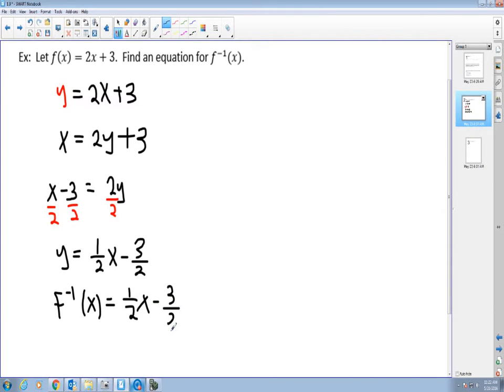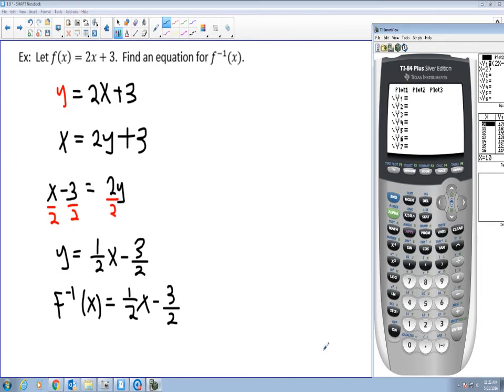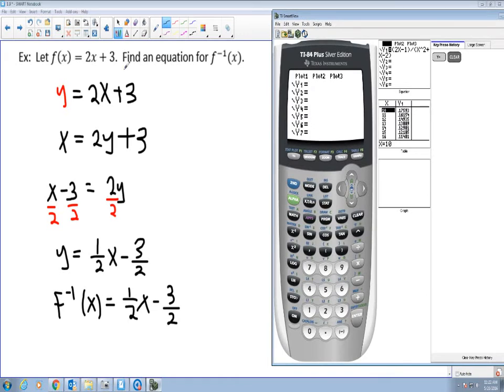Let me show you what it looks like in the calculator. I'm first going to type in my original function, f of x, 2x plus 3. So here is my linear function, and we just found the equation for its inverse.